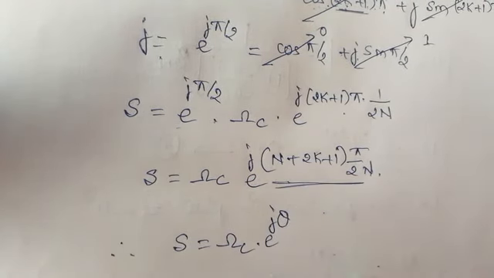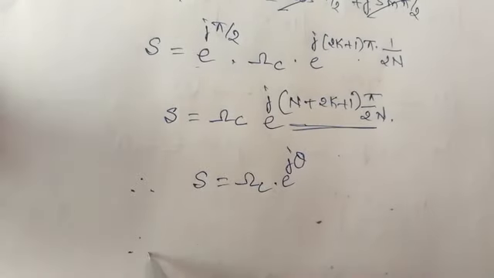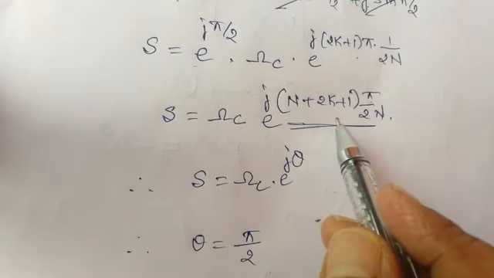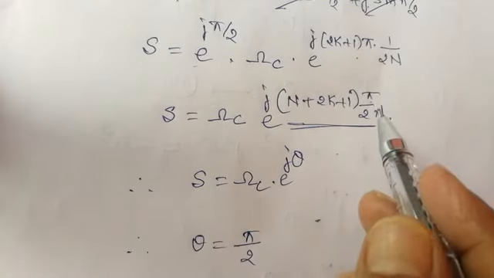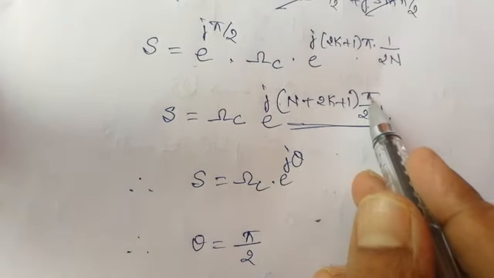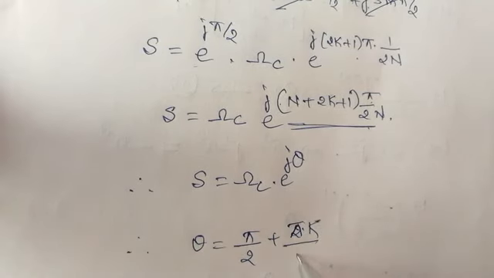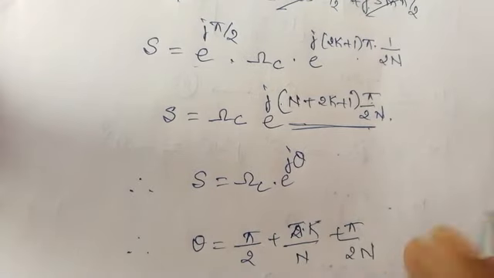All these terms I have taken as theta, where theta equal to n into pi divided by 2n, that is pi by 2, plus pi k by n plus pi by 2n.